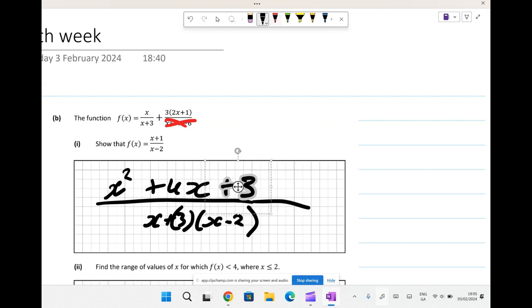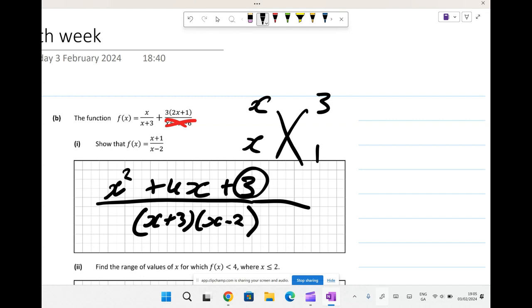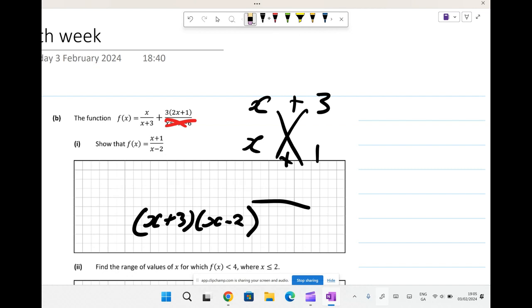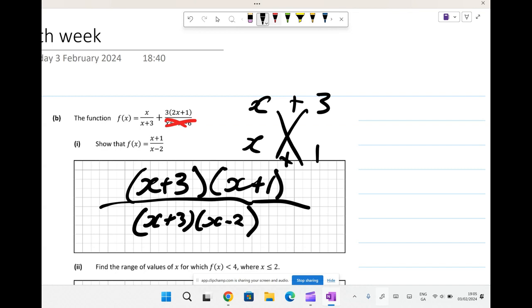And let's see if we can factorize that, because it's a quadratic. So if we factorize it, x times x is going to give us x squared. 3 times 1 will give us the 3, and 3 plus 1 will also give us the 4. So this can be rewritten as x plus 3 times x plus 1, and that's perfect because we can see that this x plus 3 will cancel with that.